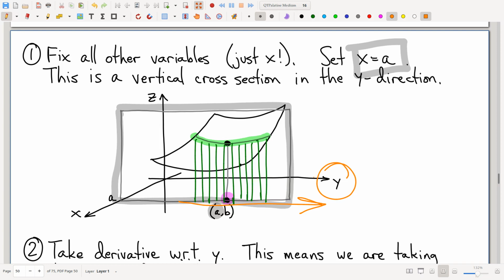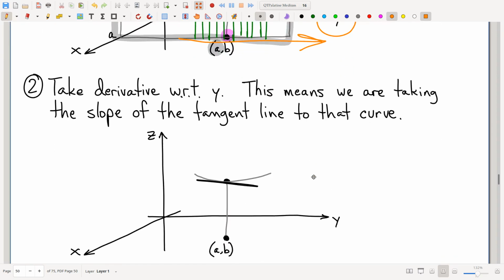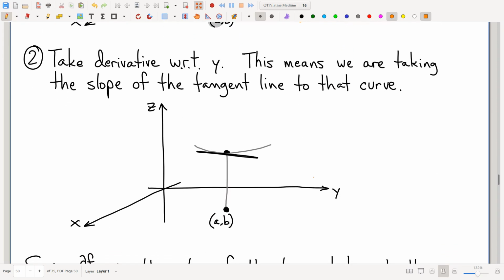This curve, this cross-section of my original multivariable graph, is the graph of my new single variable function, a function of only y, because height is a function of that variable.